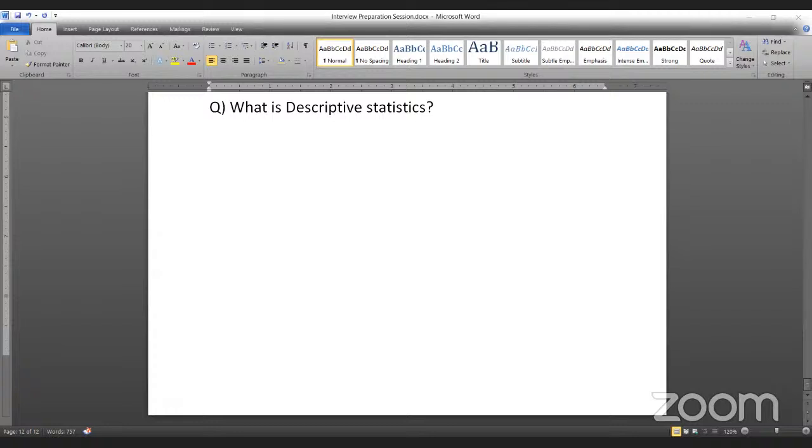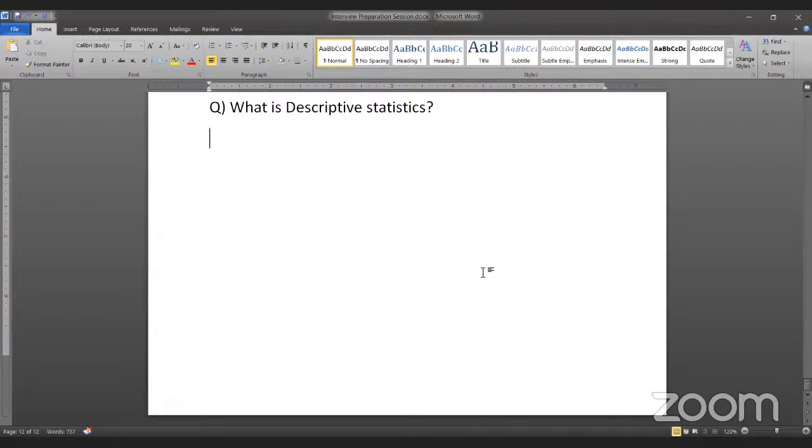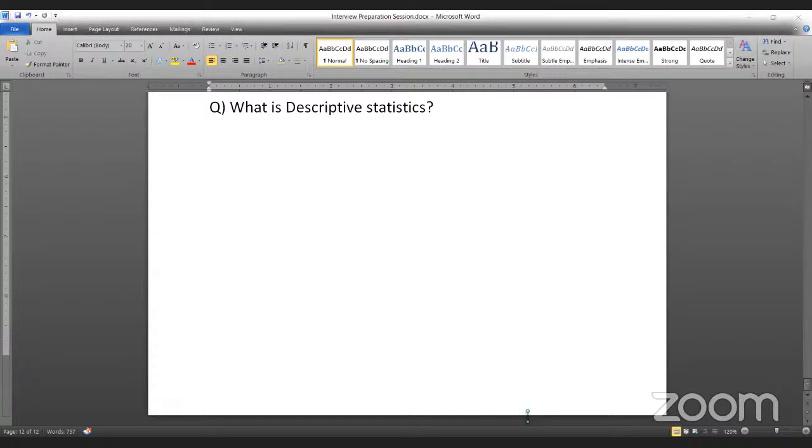So descriptive statistics is a summary of the basic characteristics of a data set. So what can we know from this?